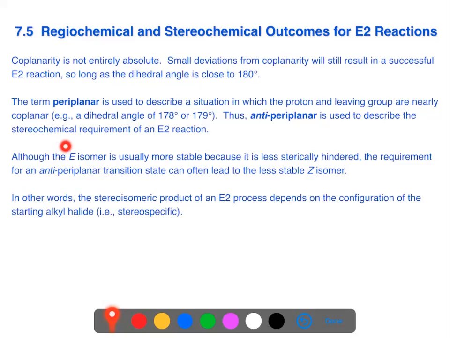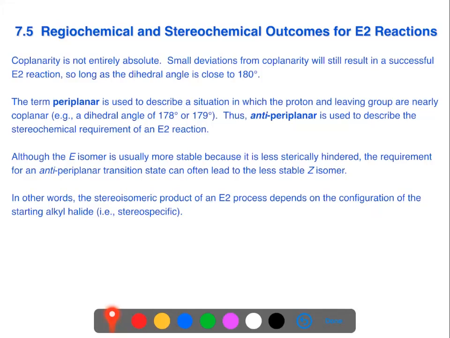So although the E isomer is usually the more stable because it's less sterically hindered, the requirement for an anti-periplanar transition state can often lead to the less stable Z isomer as well.